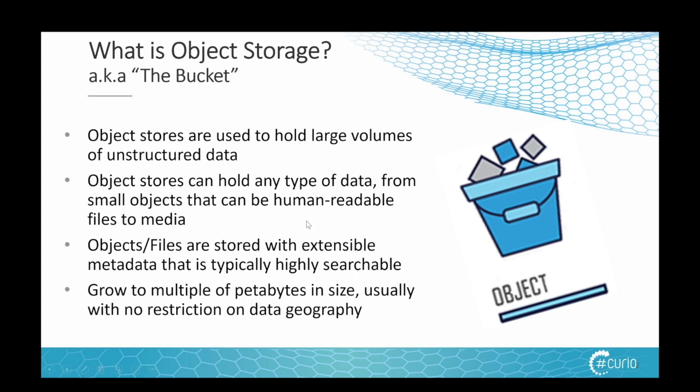Normal files have a limited amount of data you can put on top of them to make them searchable. Normally it's when and how it's being accessed, and that's it, really dates and accessibility. You can put a lot more metadata around the objects in object storage to make it easily searchable.